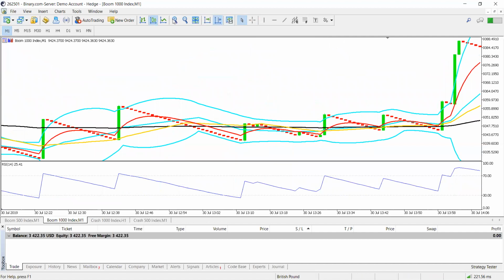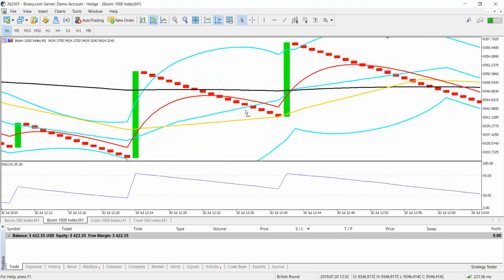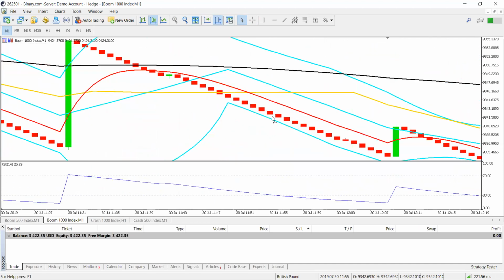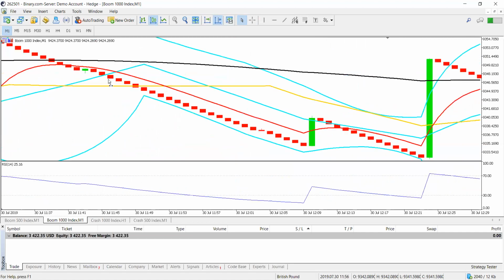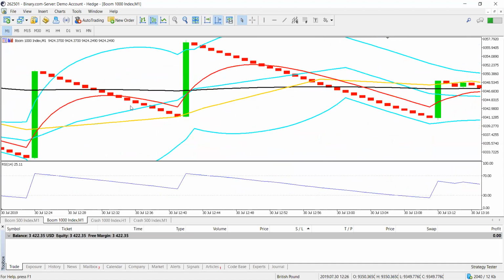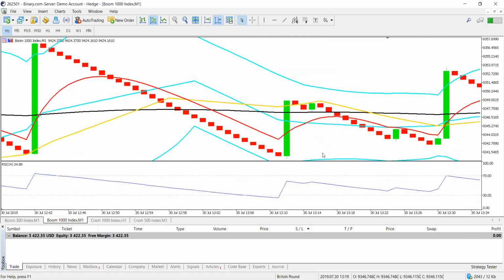Okay, it seems to be moving on its own, but we're still on a consolidation here. You can see the 200 EMA is flat. We've got a boom here on the 35, and we have a boom here on the support.